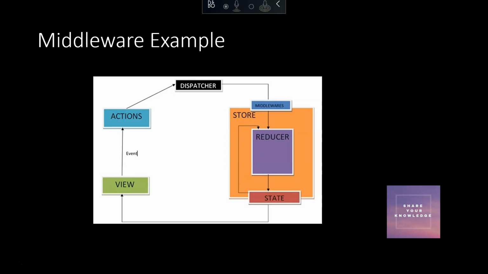This middleware can be used for any logging operation or doing any asynchronous operation. We can stop before the action reaches the reducer and add our own logging or some asynchronous jobs using this middleware.